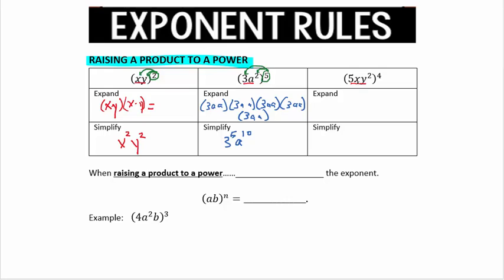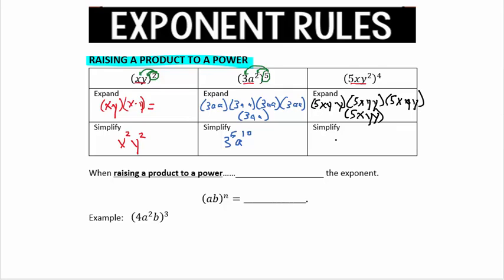And so I have 4 of these parentheses. So I have 5xy squared, 5xy squared, 5xy squared, and 5xy squared.